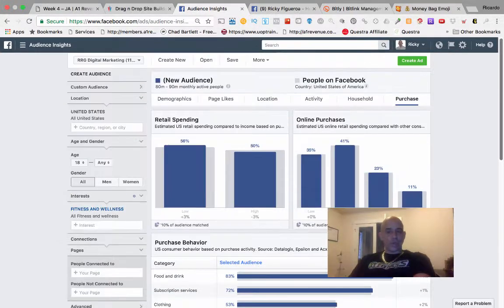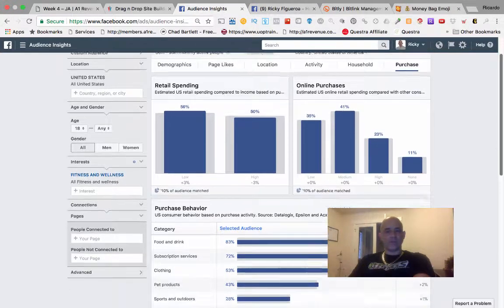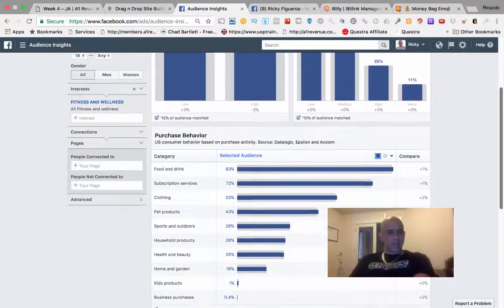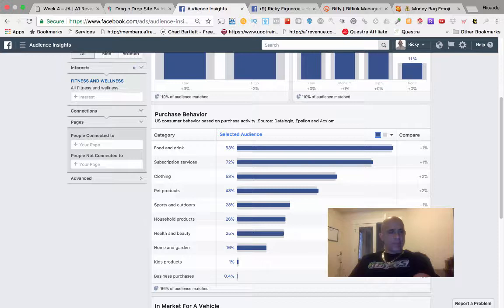Now, you could create the ad from here. I'm not going to create the ad right now because I don't want to create anything now. I'm just showing you those Facebook audience insights. Let's go back again to this menu right here, connections, pages. Maybe people just play with this, but most of the money, in my opinion, is here in the interests.